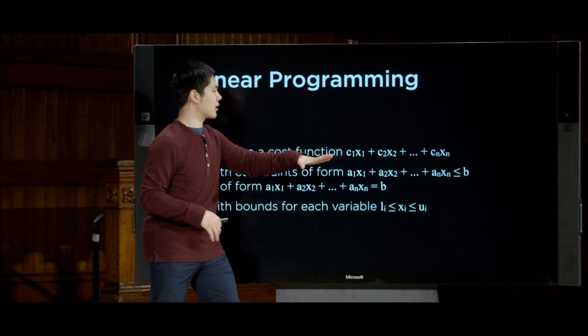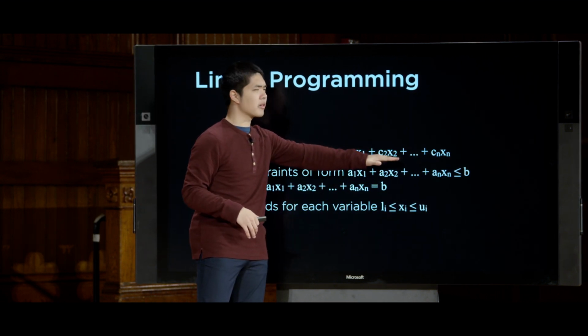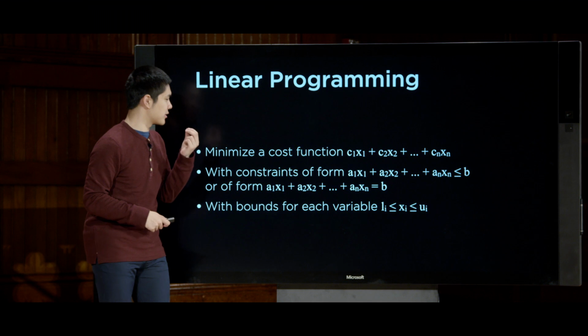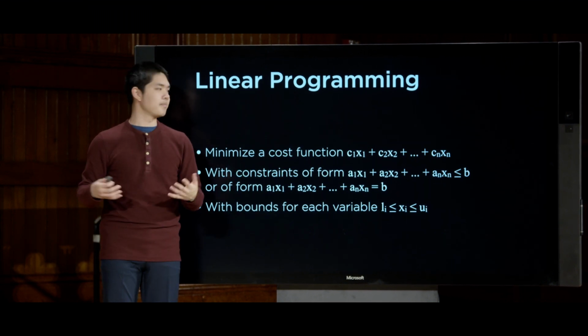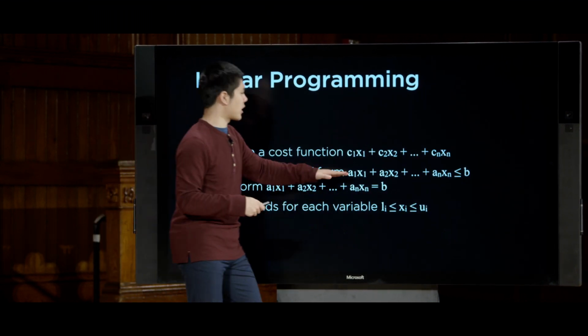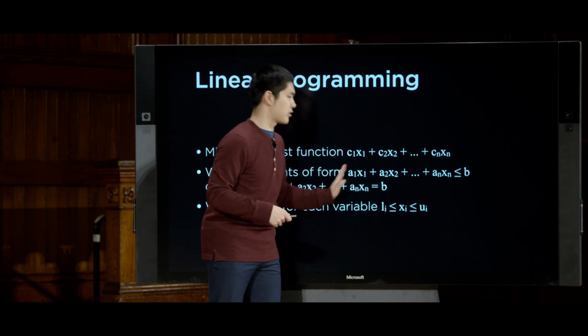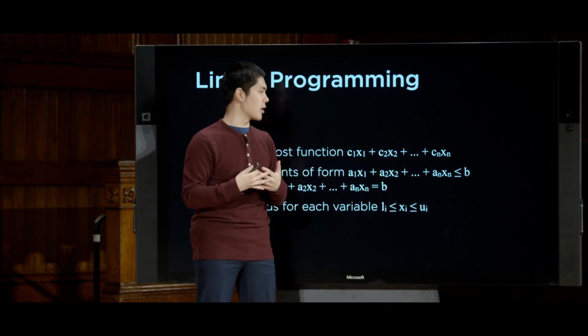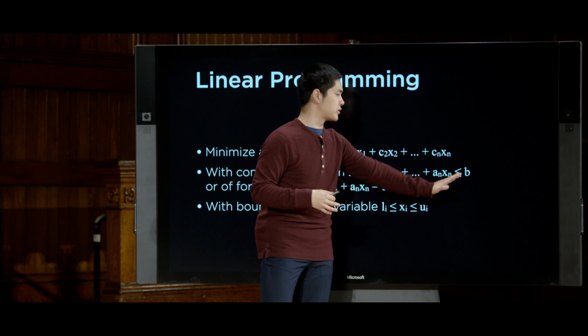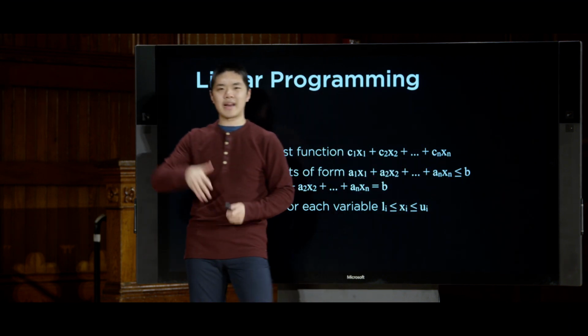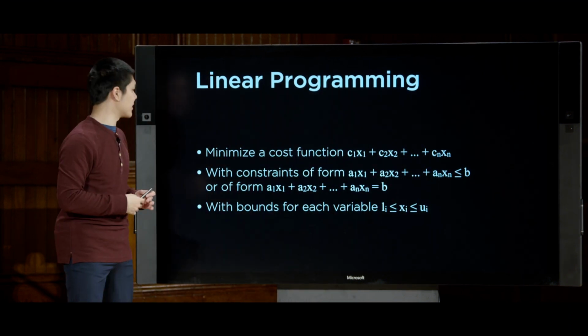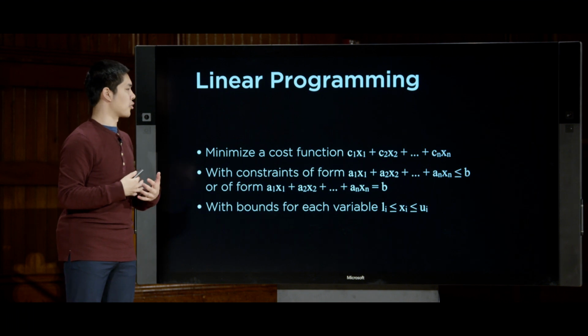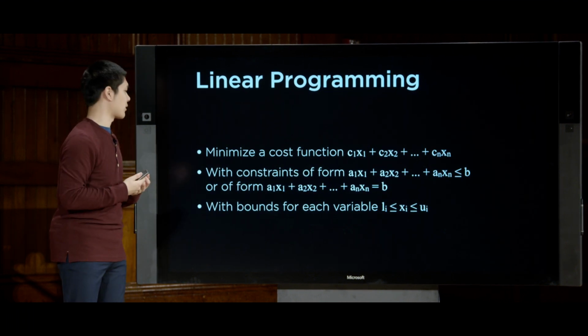With linear programming, we're just dealing with linear equations in addition to linear constraints, where a constraint is going to look something like, if we sum up this particular equation that is just some linear combination of all of these variables, it is less than or equal to some bound b. And we might have a whole number of these various different constraints that we might place onto our linear programming exercise.